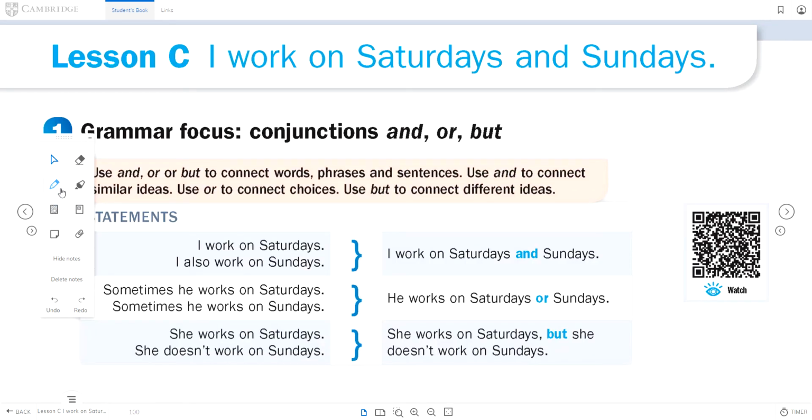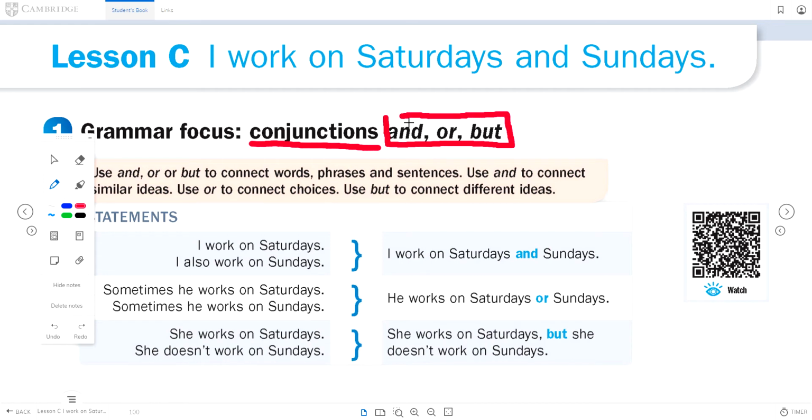So we're going to talk about conjunctions. What does conjunction mean? They join things together. We have three: and, or, and but. Conjunctions are words that connect, they join.